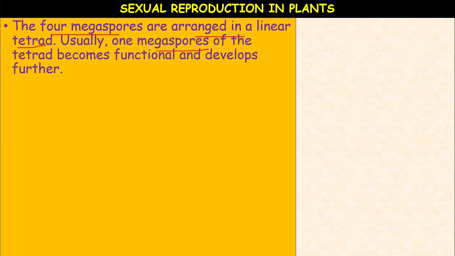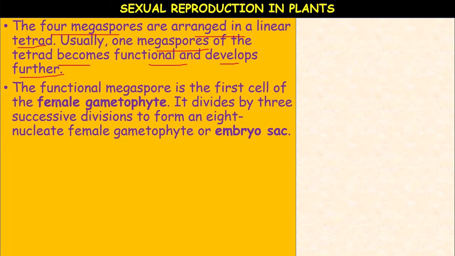Usually, one megaspore of the tetrad becomes functional and develops further, and the remaining 3 degenerate. The functional megaspore is the first cell of the female gametophyte. It divides by 3 successive divisions to form an 8 nucleate female gametophyte, also called the embryo sac.